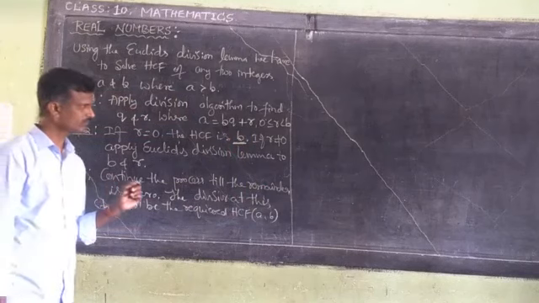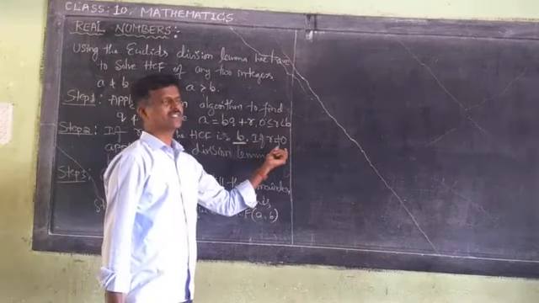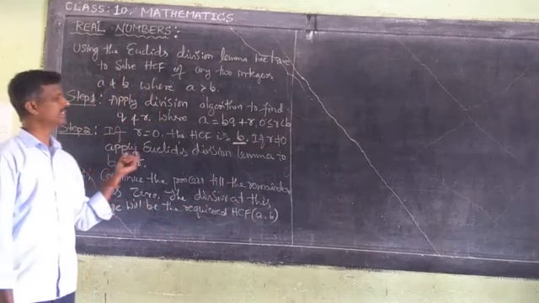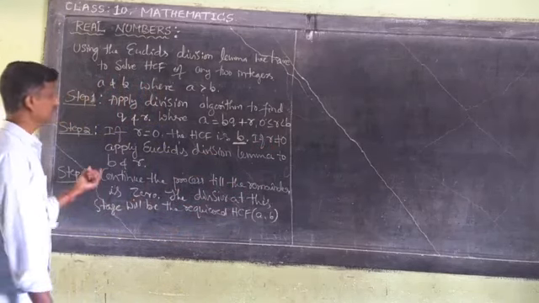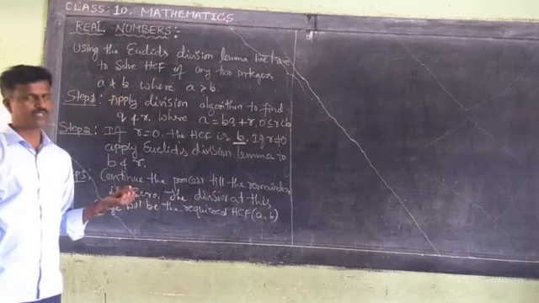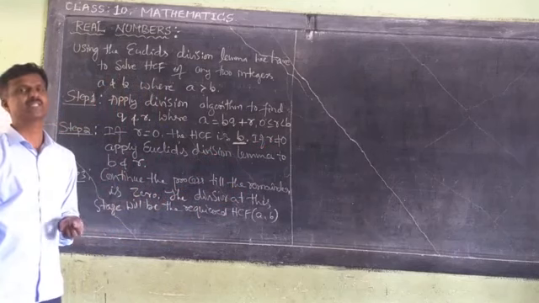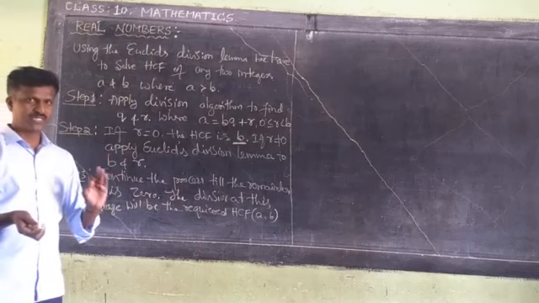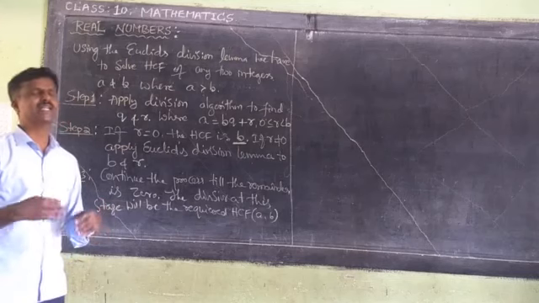If the remainder is not equal to 0, that means r is not equal to 0, apply Euclid division lemma to b and r, that means the divisor and the remainder.